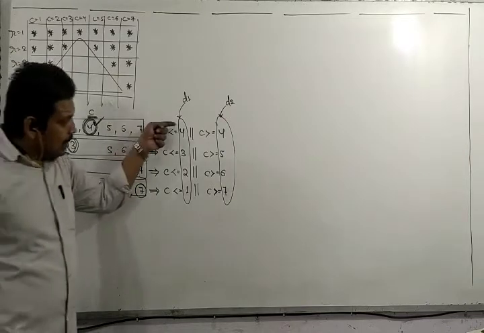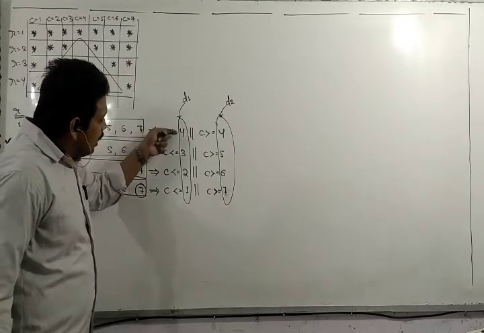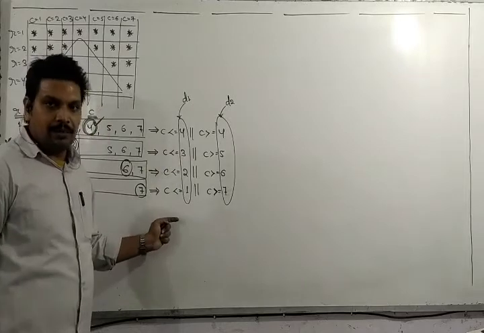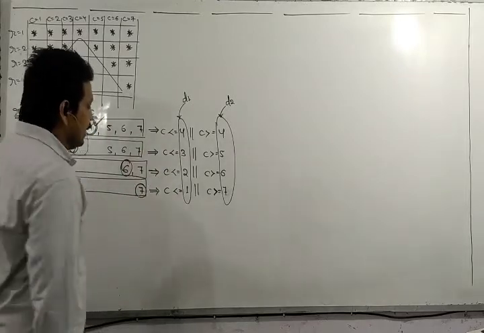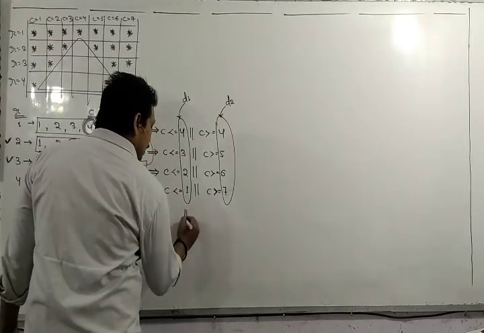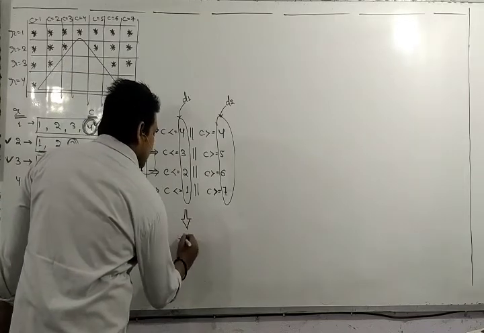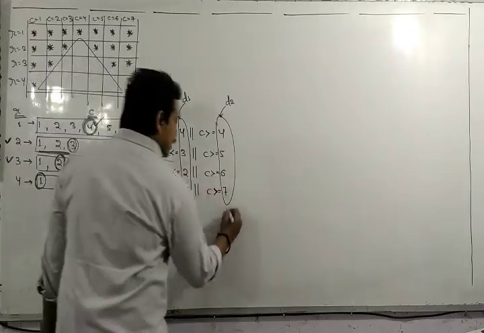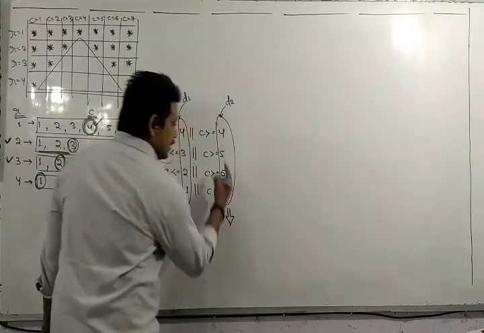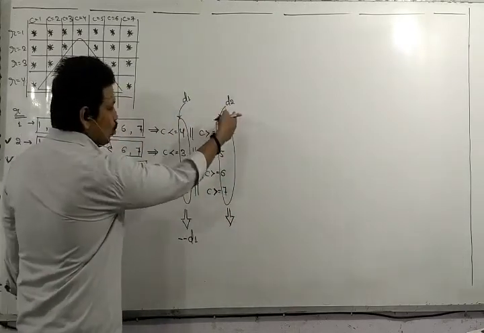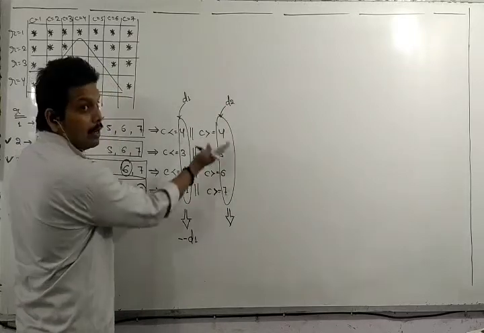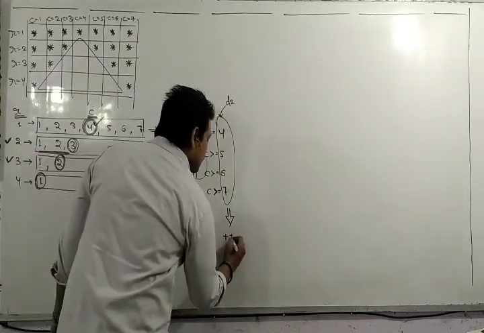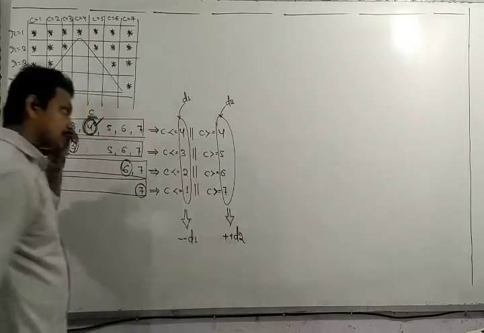Clear? Now here we can see that the value of d1 is getting decremented, minus d1. Yes or no? And here the value of d2 is getting incremented, plus d2.